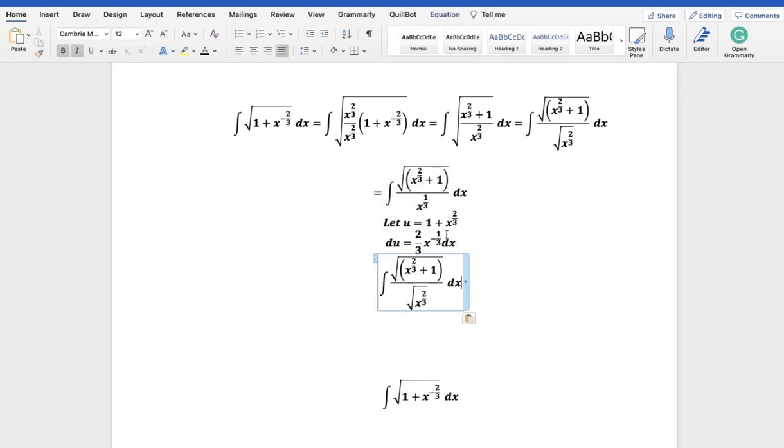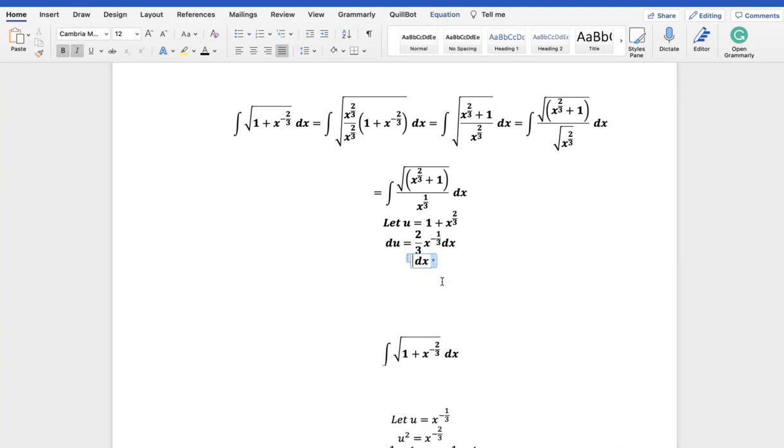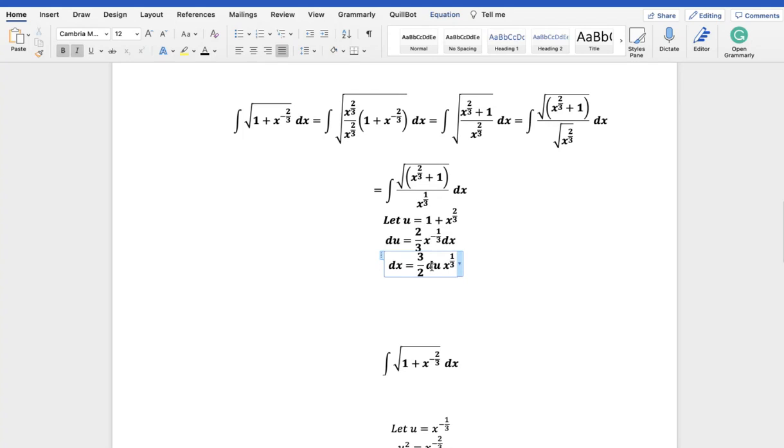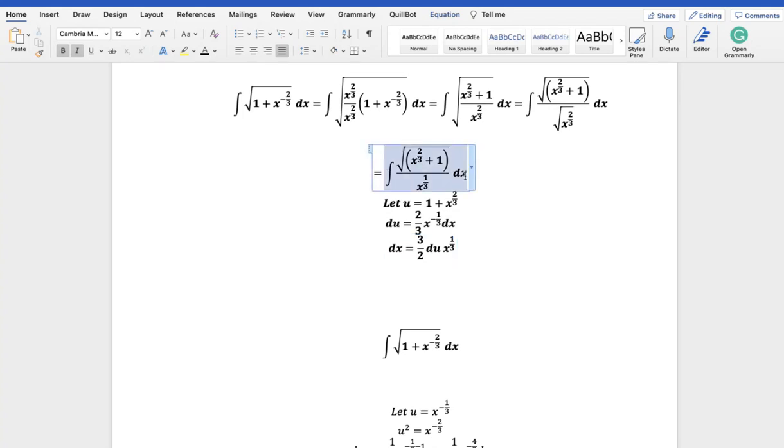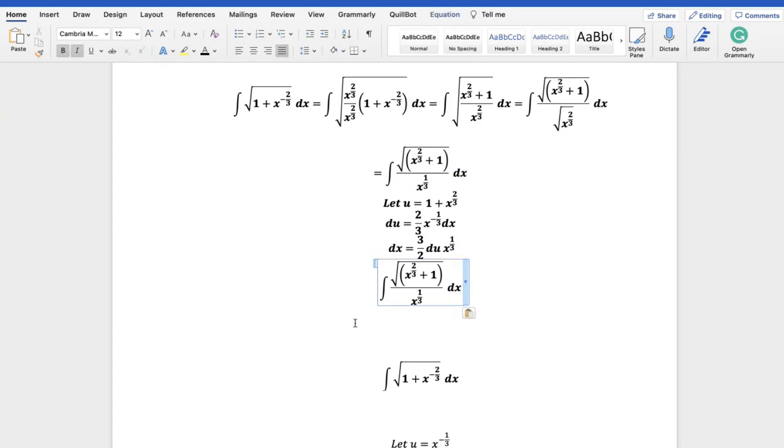And then the dx will be equal to, if you solve for it, just 3 over 2 du multiplied by x to the power of 1 over 3, right? So that's what you have for dx.